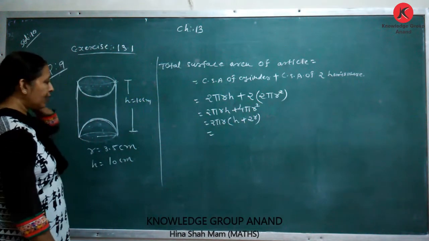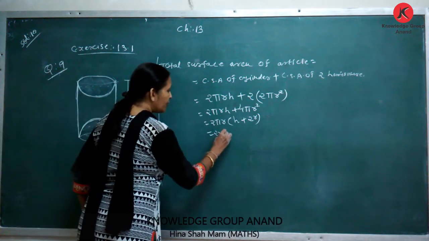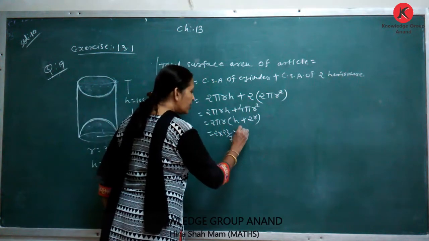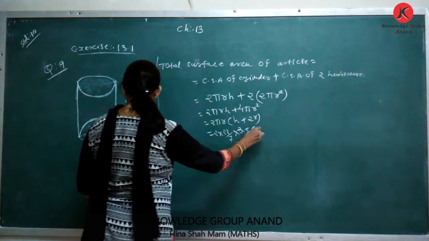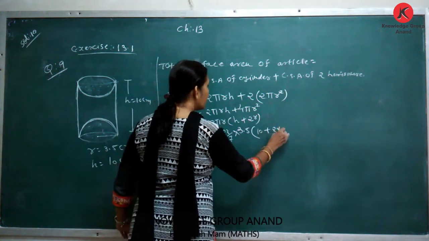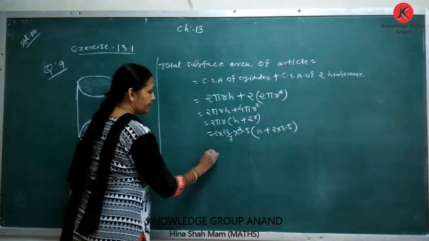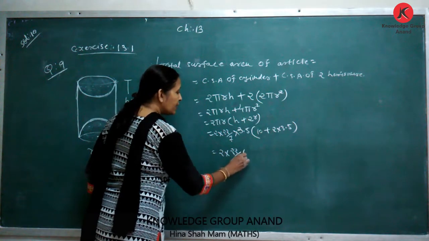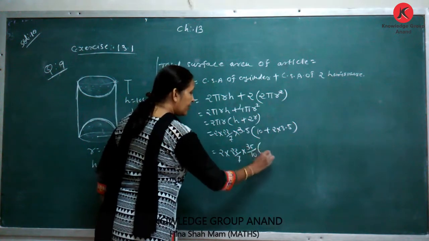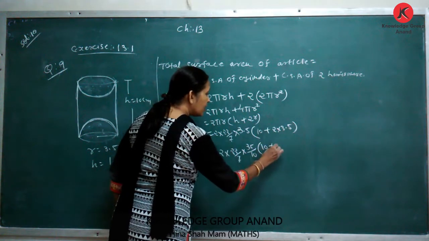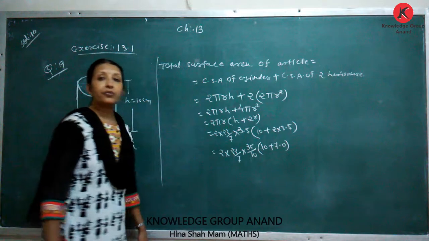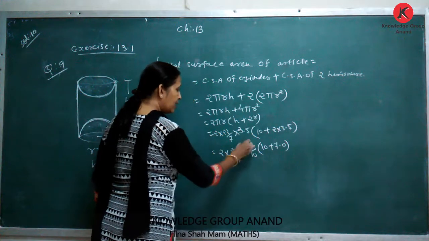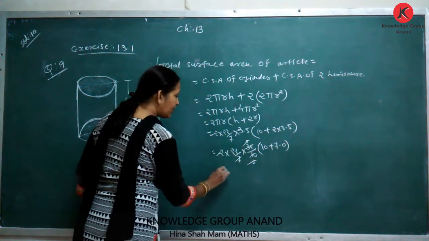Here we put in the values: 2 into 22 by 7 into r, r is equal to 3.5, h is equal to 10 plus 2 into 3.5. So 2 into 22 by 7 into 3.5 into 10 plus 7.0. 3.5 times 2 is 7.0. 7 fives are 35, 2 is cut.